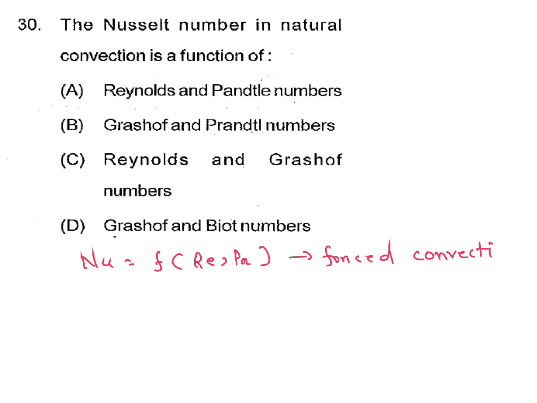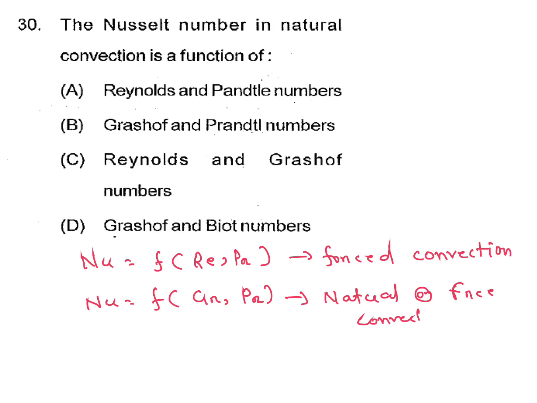Even GATE also they are asking this type of question. Nusselt number is a function of Grashof number and Prandtl number for natural or free convection. Or we can write it as a function of Rayleigh number for natural or free convection.